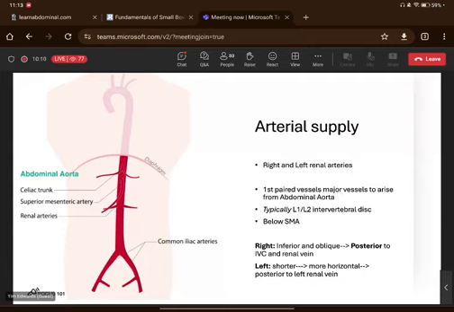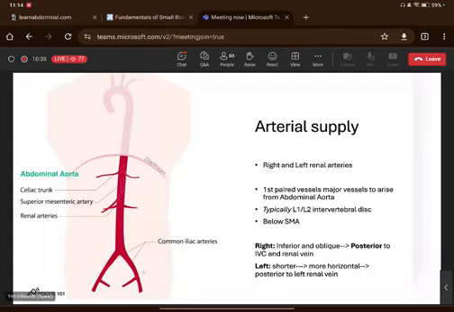In terms of other pointers that might tell us which is the right and which is the left renal artery, it is the course that they take. The right renal artery takes a more inferior and oblique course, and runs posterior to the inferior vena cava and the renal vein, whereas the left renal artery has a shorter course and runs more horizontally, as we'll see on the imaging.